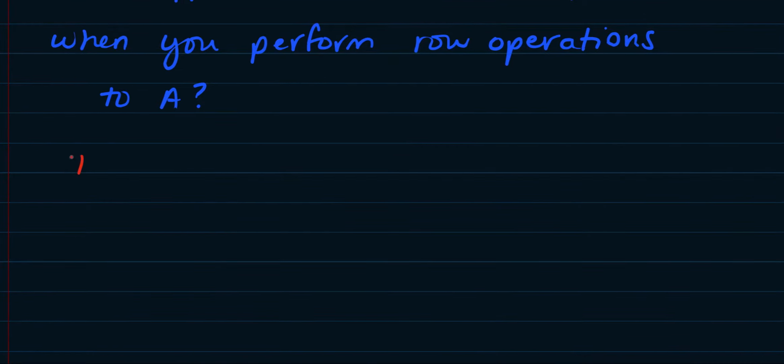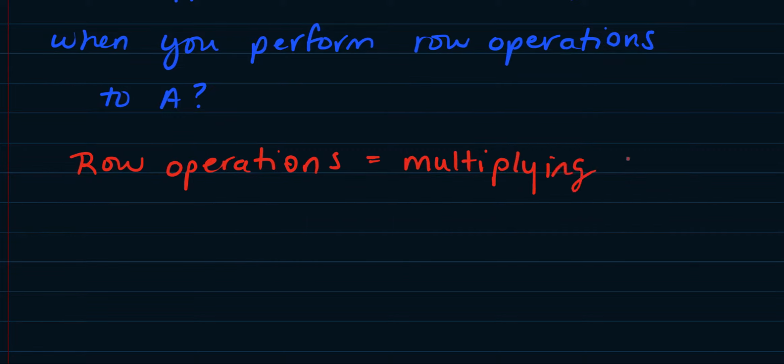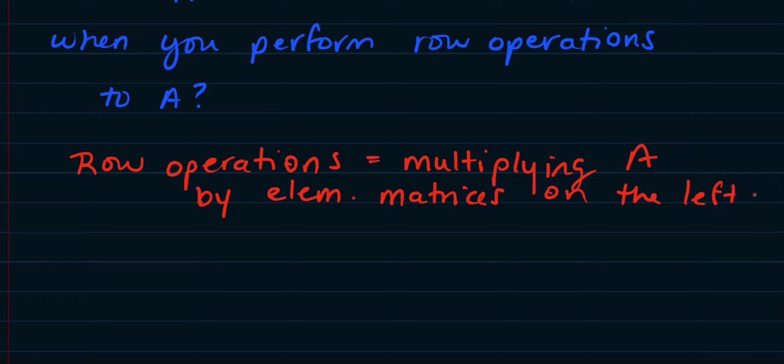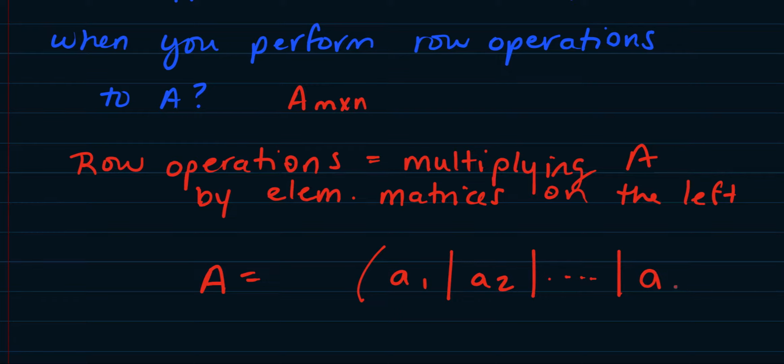So remember, row operations are the same as multiplying A by elementary matrices on the left. So when I put a matrix A into reduced row echelon form, remember A is a bunch of columns, and if A is n by n, then we have n columns.